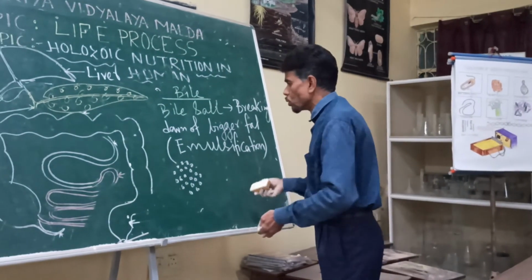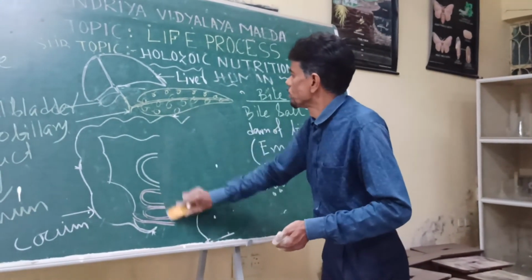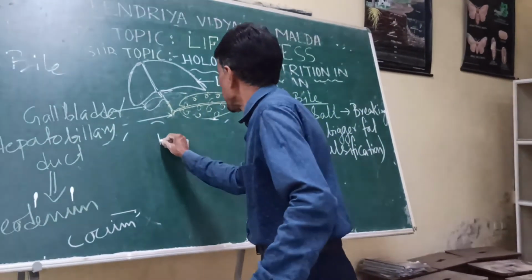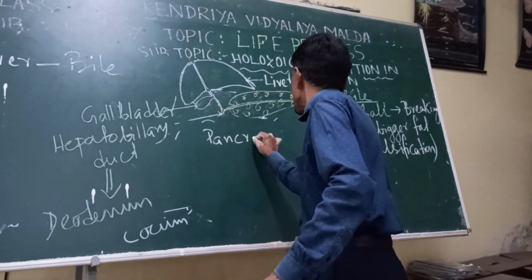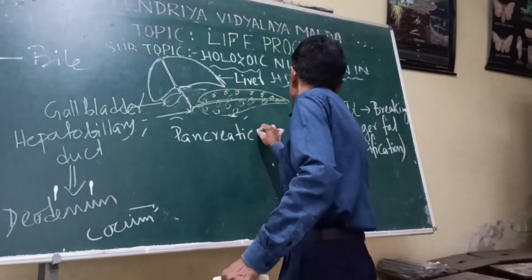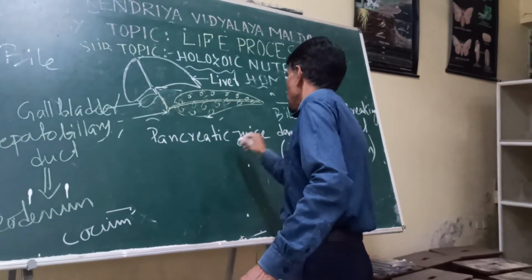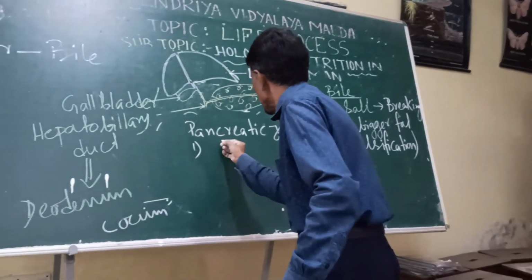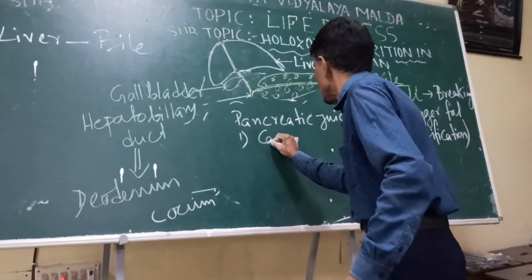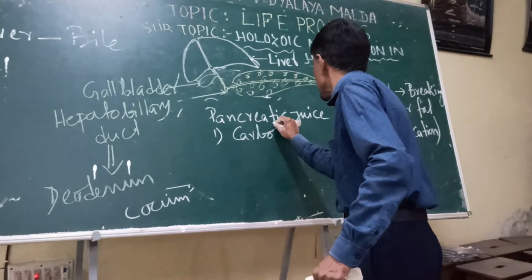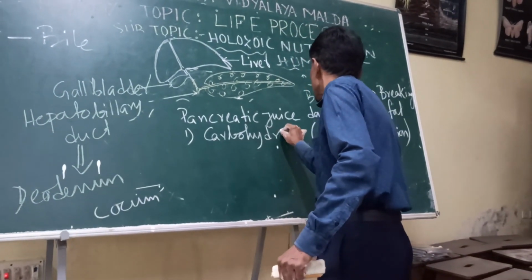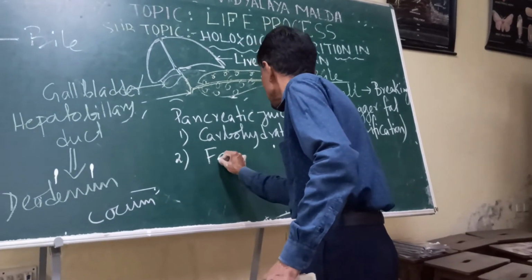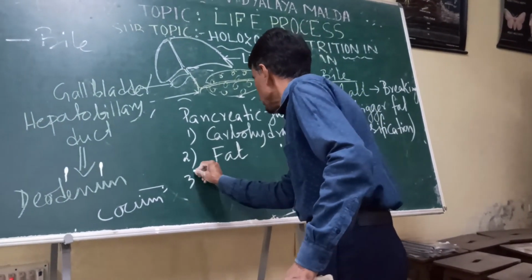Now, pancreatic juice contains enzymes. It contains enzymes for digestion of carbohydrate, fat and protein.